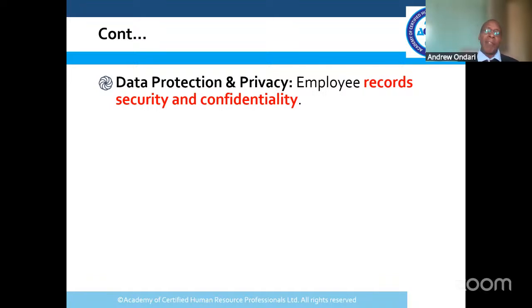So managers have a duty to ensure that the information or data they collect from their employees is kept confidential. Lack of confidentiality has consequences, and shortly we will be looking at the consequences of not complying with any of the laws that I have mentioned.